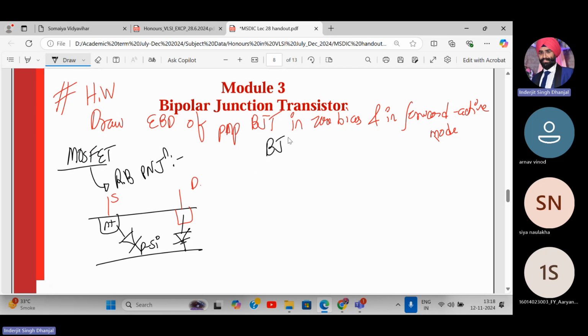Whereas BJT is unique in that it utilizes a forward bias PN junction, and therefore the injection of carriers across the junction. So two things happen over here. The first, we forward bias the base emitter junction, and the entire process results in an injection of charge carriers across both the junctions.